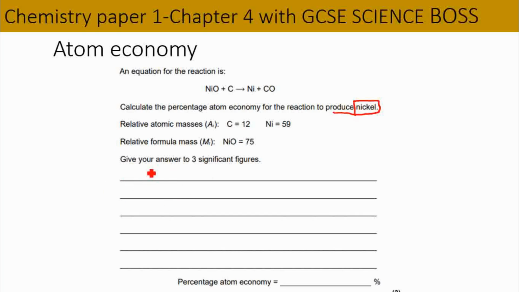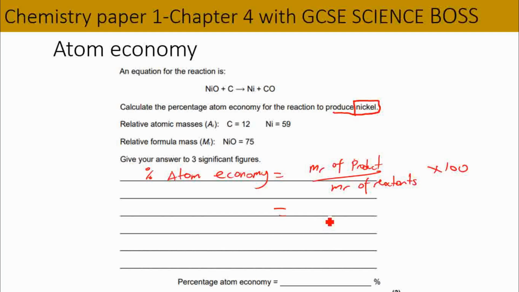So remember, to work out percentage atom economy, it is equal to the MR of the products that we desire, over the MR of the reactants, and we're timesing that by 100. What's the MR of the desired product? It's going to be 59 over the MR for all of the reactants.